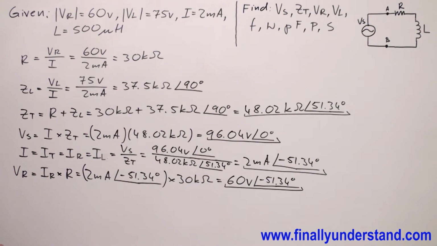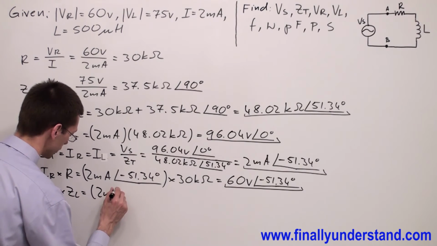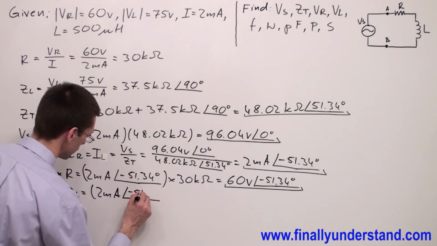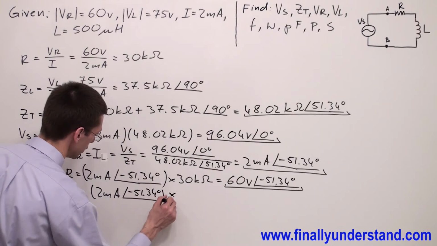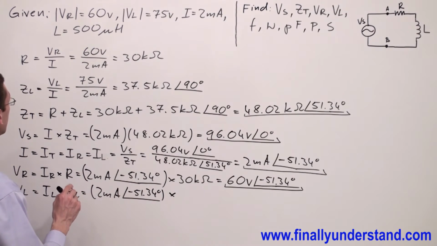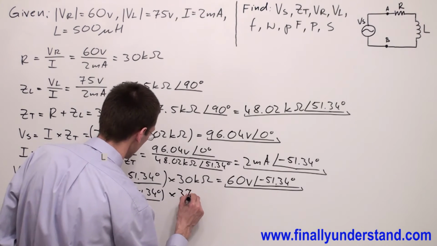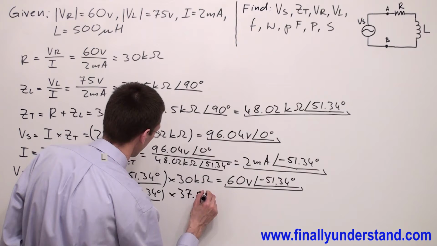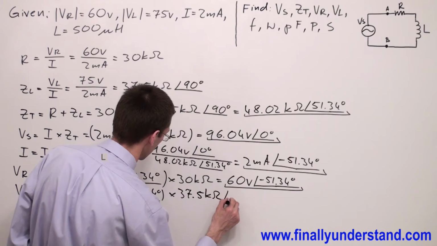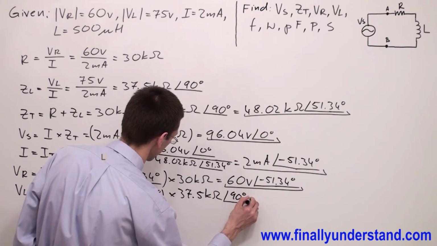So this is my voltage across the resistor. Next, we're supposed to find voltage across the inductor. So VL is equal to IL times ZL, which is equal to 2 milliamps and angle of negative 51.34 degrees times ZL, where ZL is equal to 37.5 kiloohms and angle of 90 degrees.